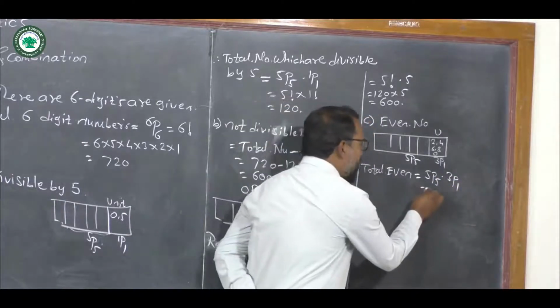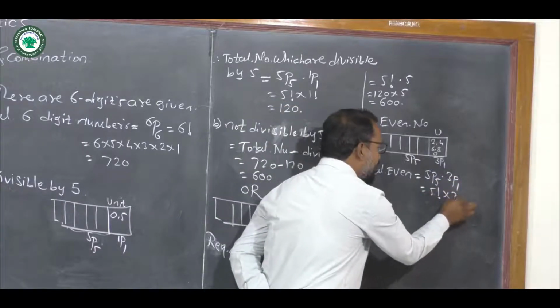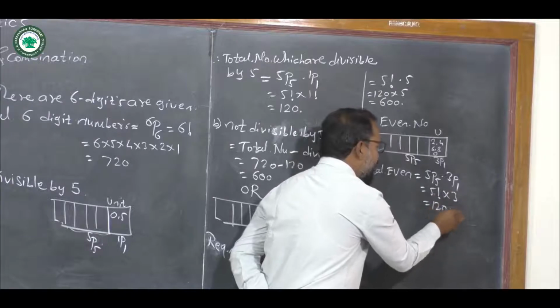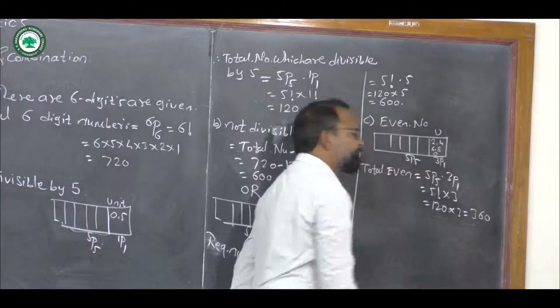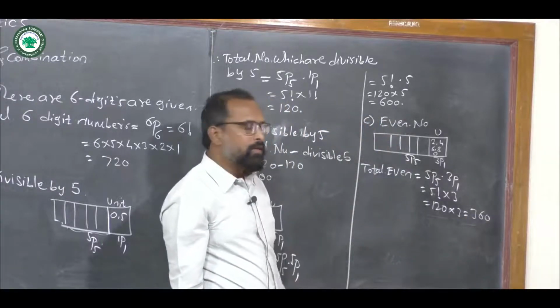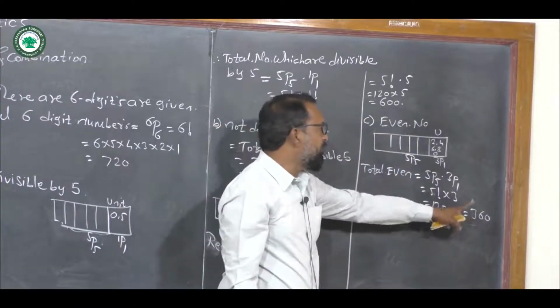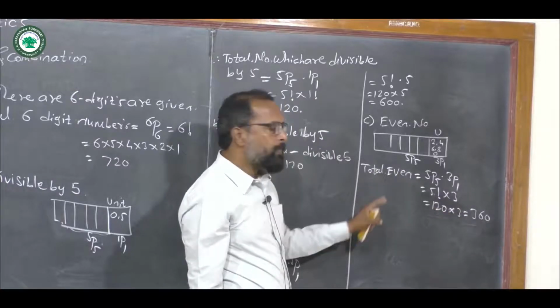That is 5 factorial into 3, that is 120 into 3, that is 360. That is, 360 numbers are even from the total.